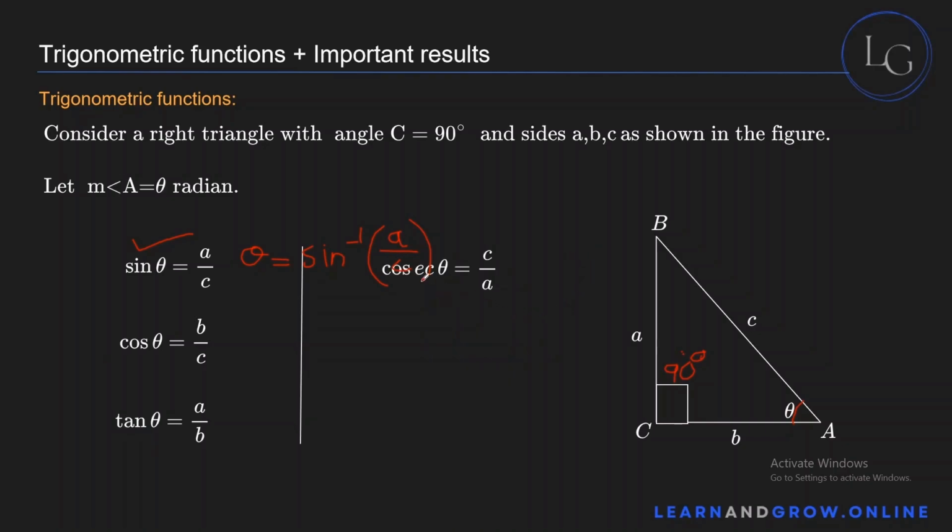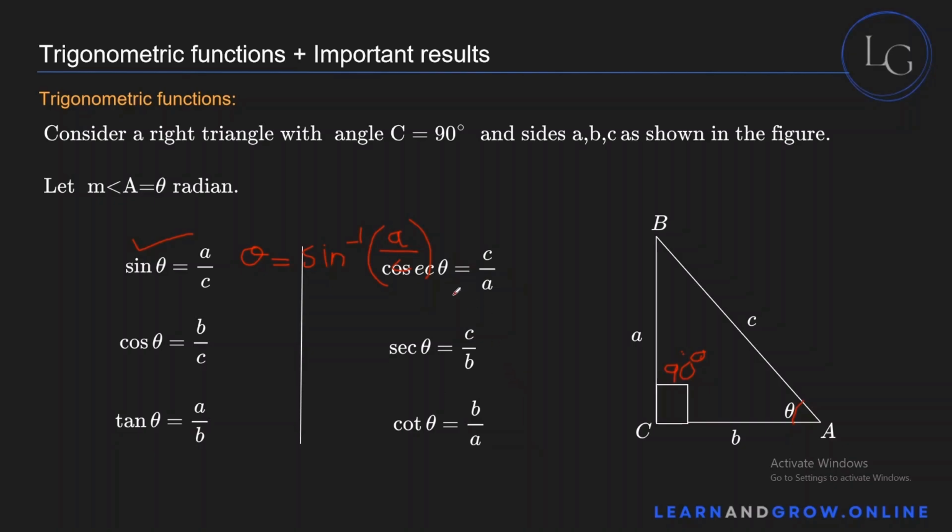And you can also use cosecant theta, which is basically just the reciprocal of sine theta, so c over a. And you can use secant theta, which is basically just the reciprocal of cos theta, so c over b. And you can use cotangent theta, which is basically just the reciprocal of tan theta.